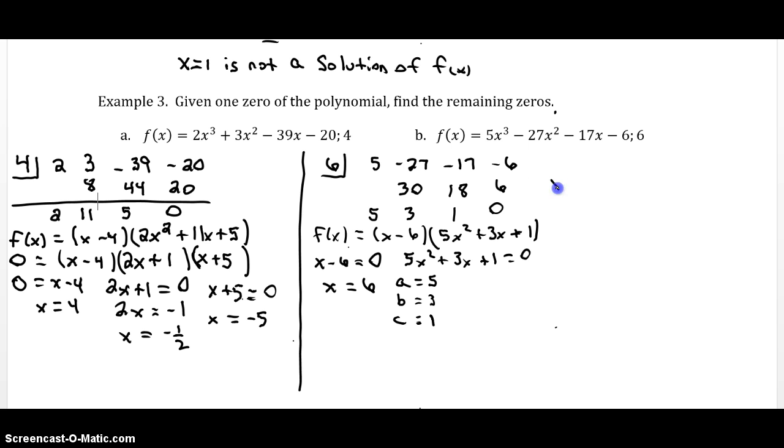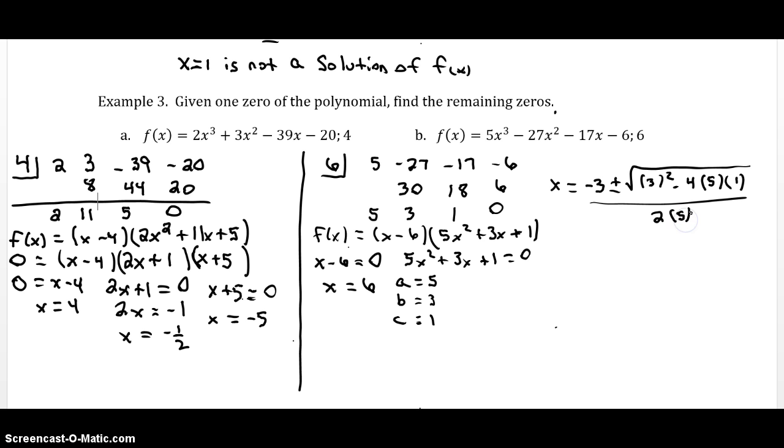And so I'll set up the quadratic formula over here. x is equal to the opposite of b, which is negative 3, plus or minus the square root of b squared, so 3 squared, minus 4 times a, which is 5, times the c, which is 1, all over 2 times the 5, which is a.